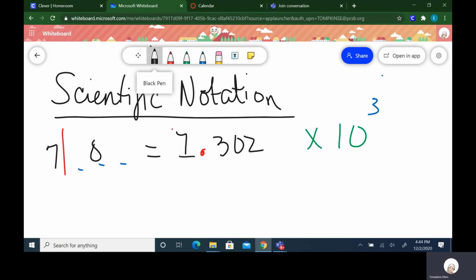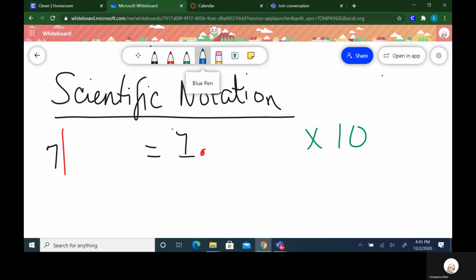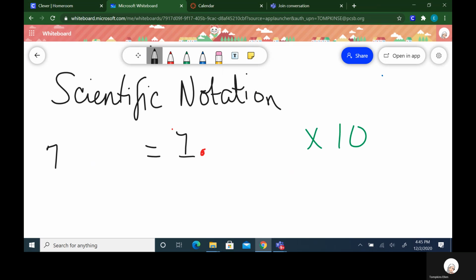Instead of 302, let's say it was 002. Zero, 0, 2.